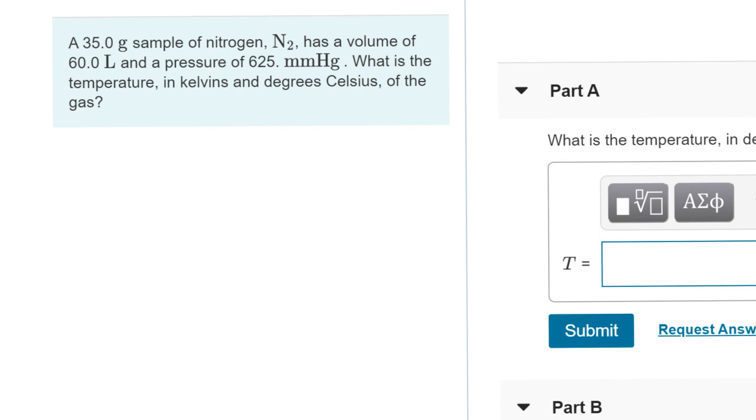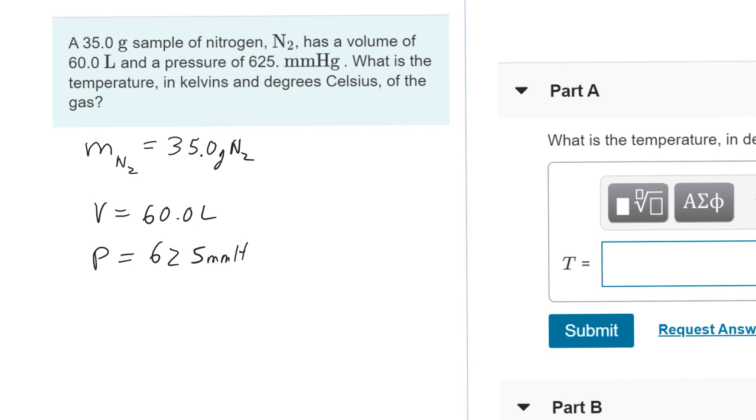So let's see. First thing they do is they give me a mass of nitrogen. So they tell me I have 35 grams of nitrogen. They tell me I have a volume of 60 liters, and I've got a pressure of 625 millimeters of mercury.